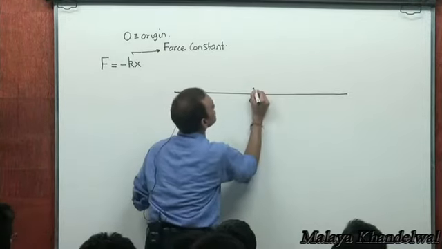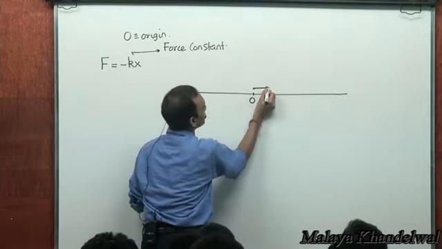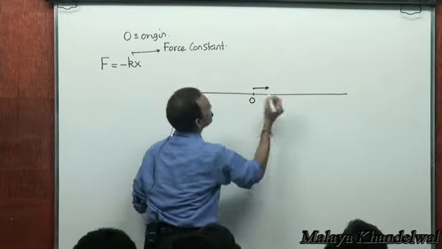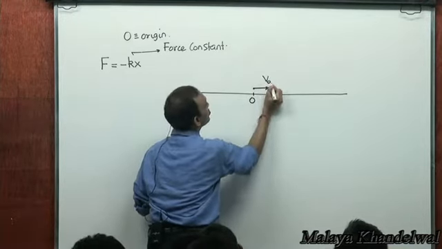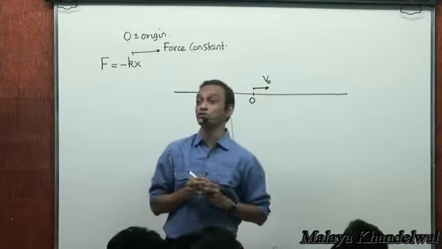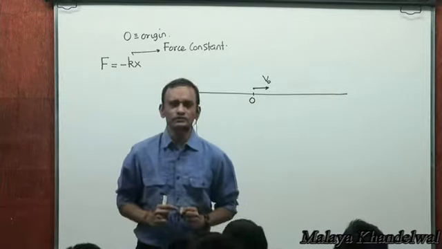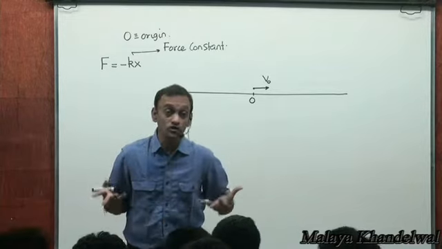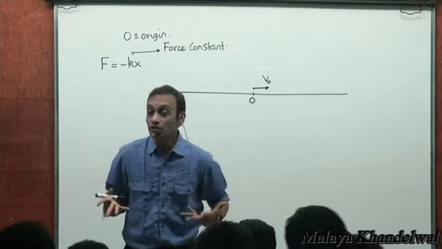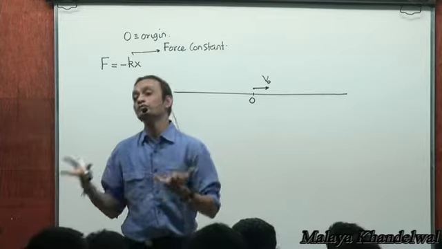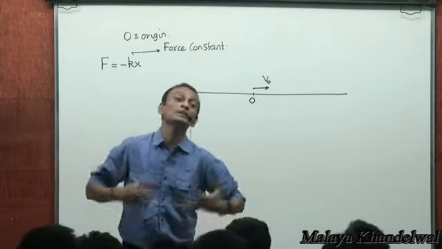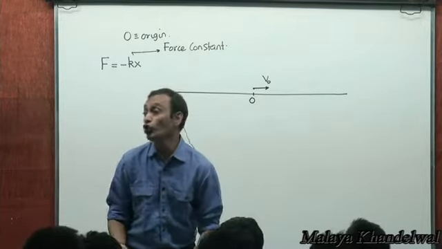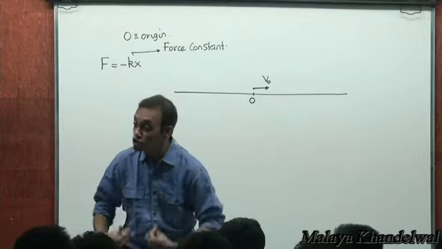Let's say the particle then builds up a velocity v naught at this position O. Now at this position, again, the particle is in equilibrium because the force acting on it is 0, right? So we will call this the equilibrium position and sometimes also the mean position, because the net of all forces acting on the particle at O is 0.